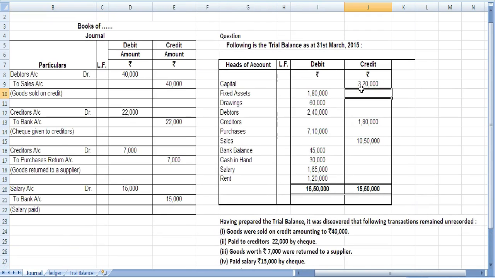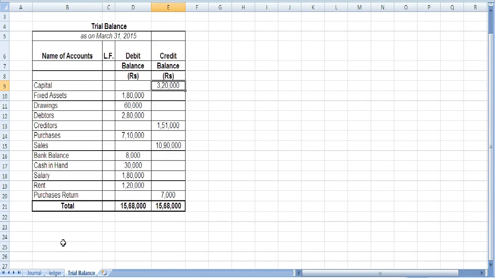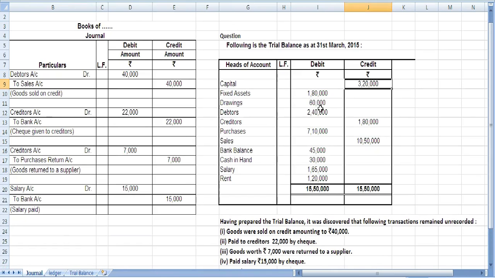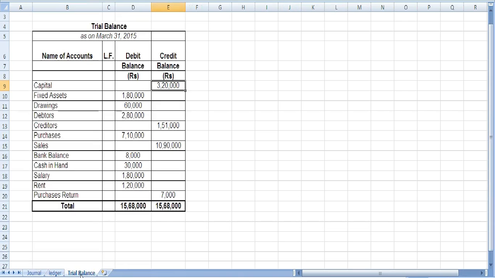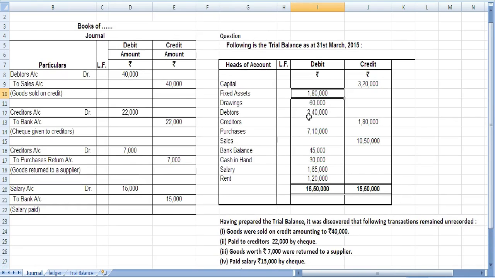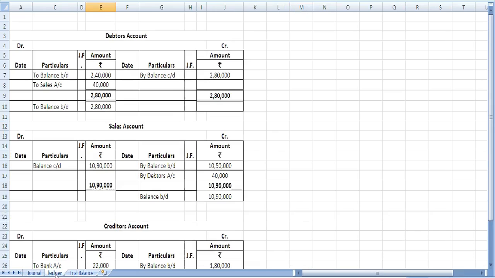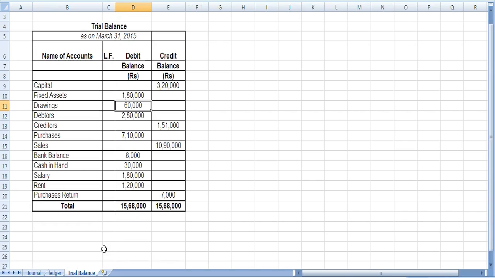So capital no change, 3,20,000. Fixed assets no change, 1,80,000. Drawings no change. Debtors, there is a change. Before it was 2,40,000. Now the balance of the debtors is telling us 2,80,000. So we'll write here 2,80,000.